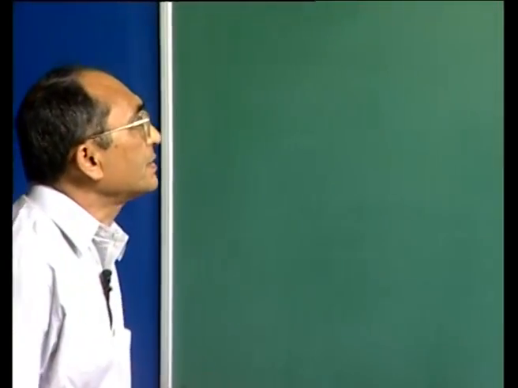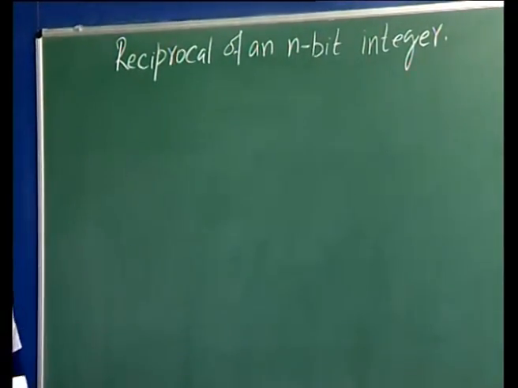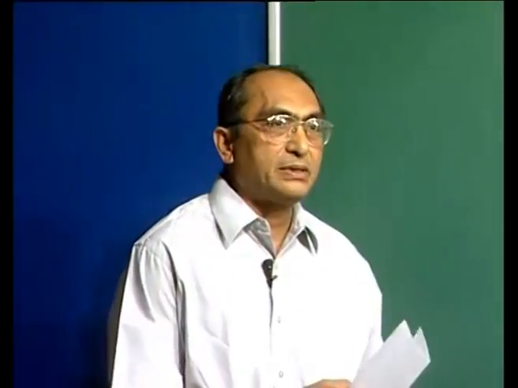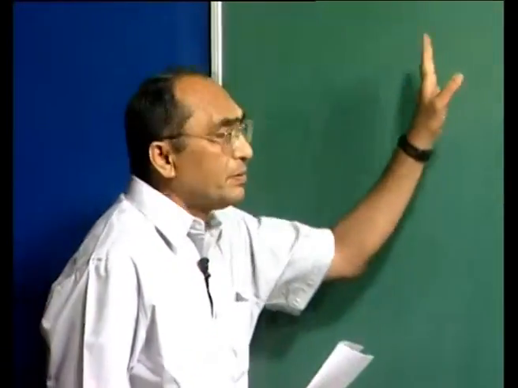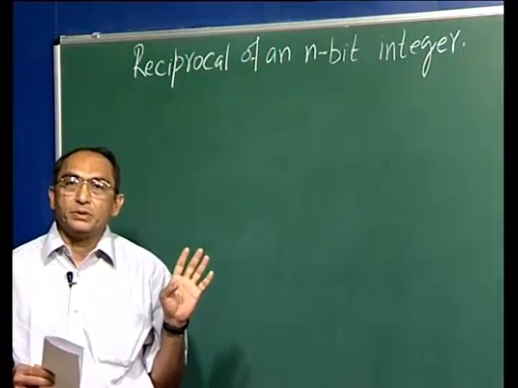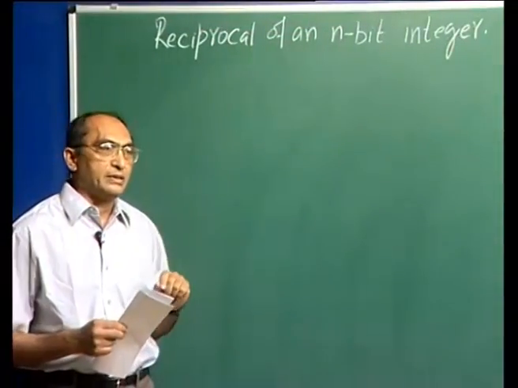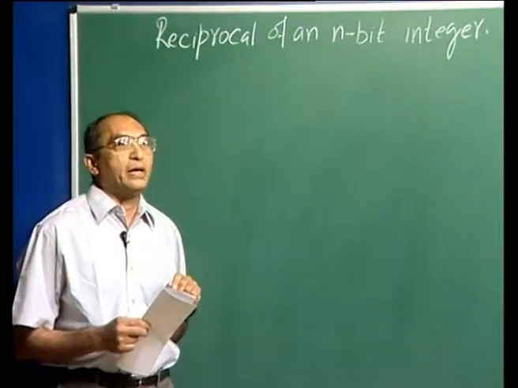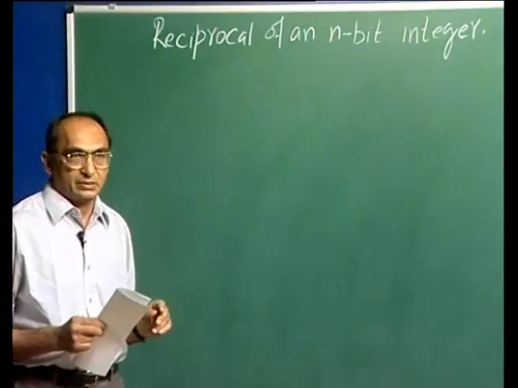In these couple of lectures, we are going to discuss algorithms related to integers. Our goal is not to provide an efficient algorithm. Instead, what we will try to establish is that the difficulty of multiplying two integers, or computing the reciprocal of an integer, or computing the square of an integer, all these problems have the same difficulty.